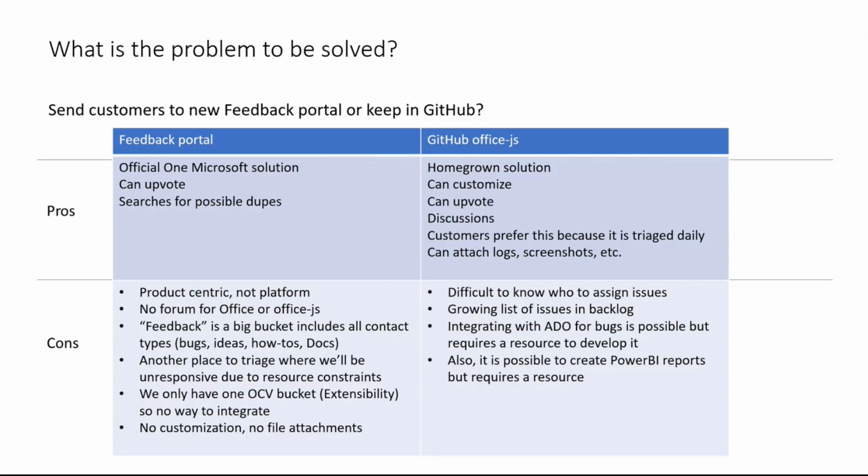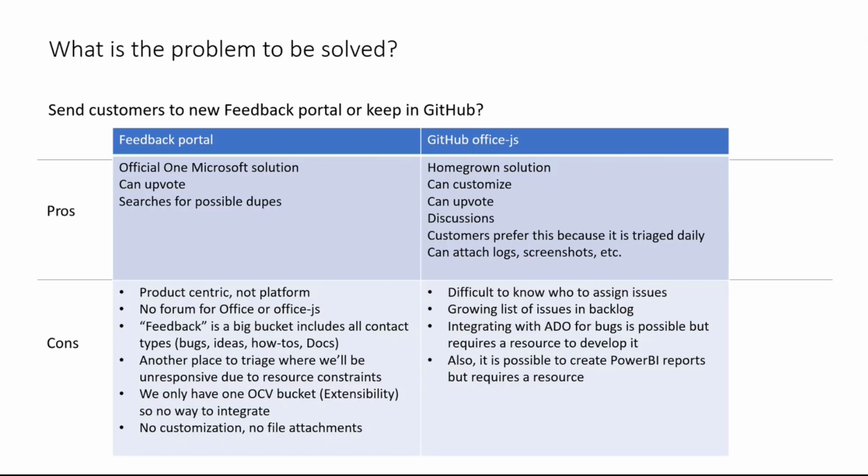But then how do we use GitHub? It also has problems too. We end up just stacking up the issues. And it's difficult because we have PMs and engineers in China, India, here in Seattle. The person doing the actual triage has to spend a lot of time trying to figure out who gets the assignment. We can integrate.